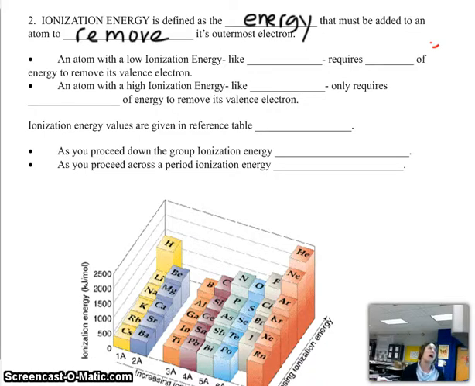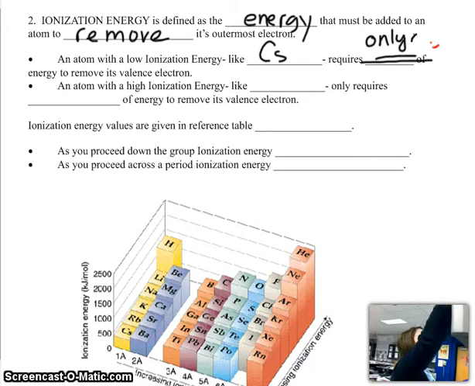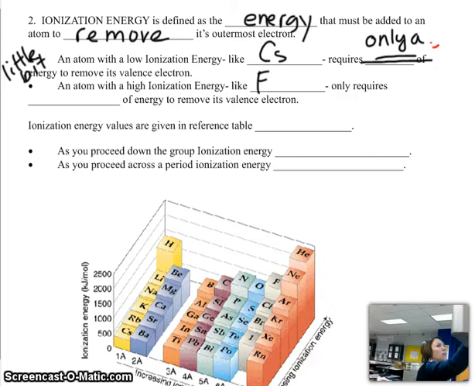An atom with a low ionization energy, like cesium, requires only a little bit of energy to remove its valence electrons. However, an atom with a high ionization energy, like fluorine, requires a lot of energy to remove its electrons.